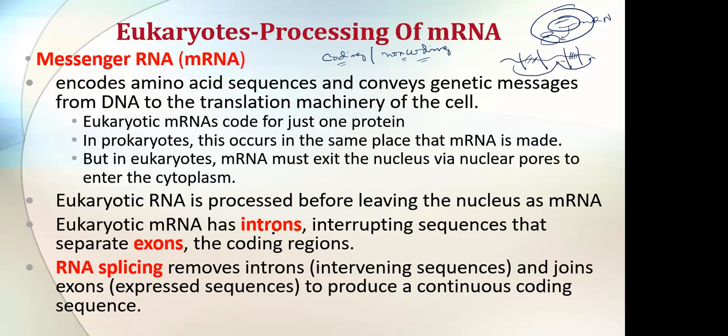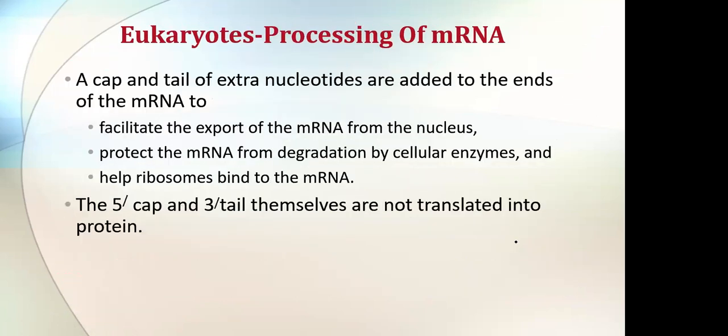Non-coding sequences are called introns, meaning interrupting sequences, and all the coding sequences are called exons. So during RNA splicing, the cell removes all the introns and keeps all the exon sequences connected to save energy and time.